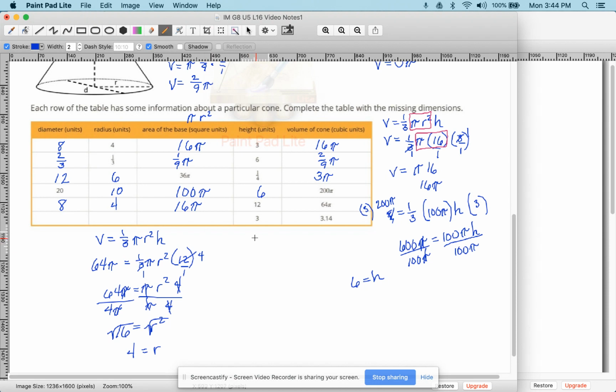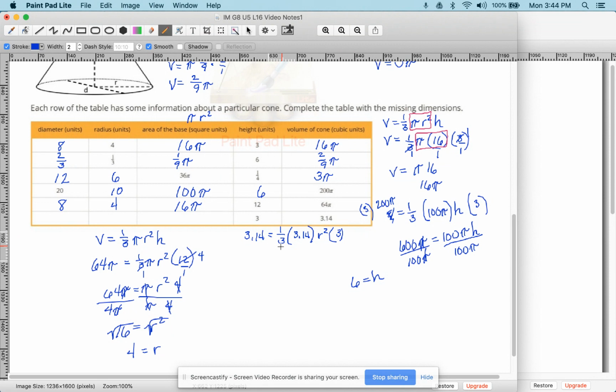And then finally, the last one, I have the area of the cone is 3.14, and that's equal to 1/3 times, instead of pi this time, I'm going to use 3.14 because now they're using 3.14 for pi, times my radius squared, which I do not know, but I do know my height, which is 3.